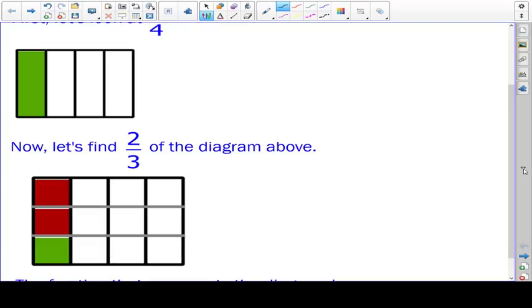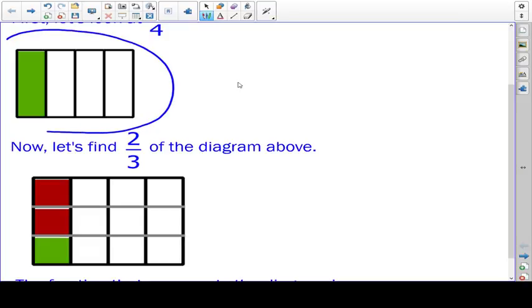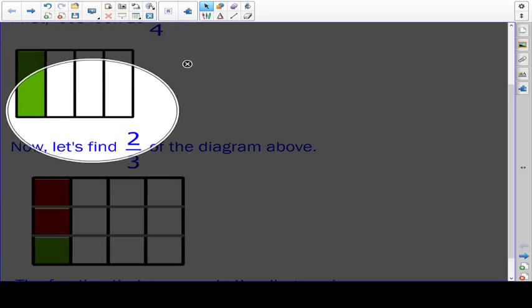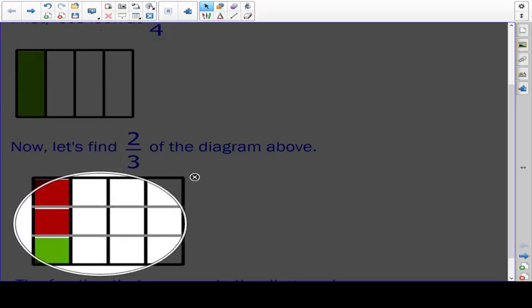Now, if we're going to represent 2/3 of that, then what we have to do is take our area where we have a quarter, and split it up into 3 equal areas. So down here, we've done that.